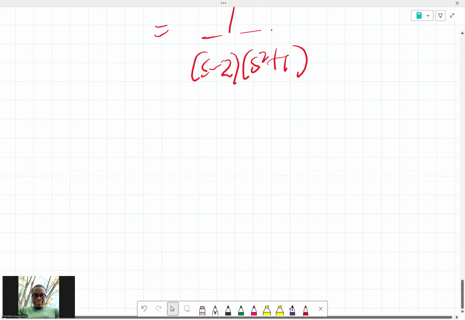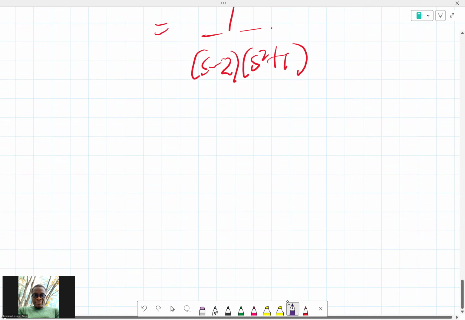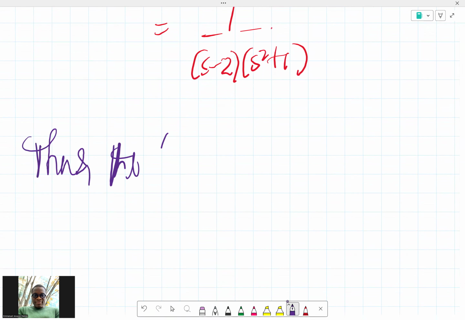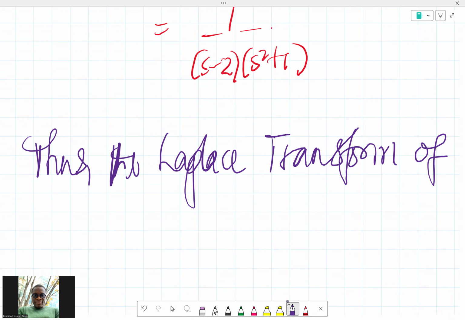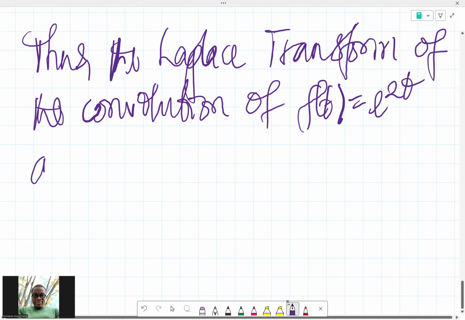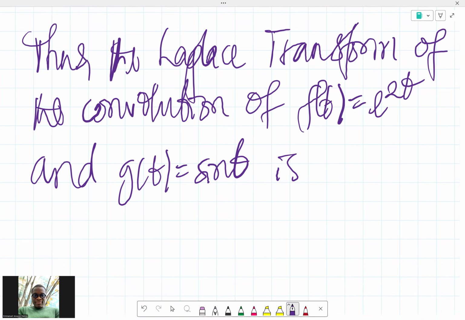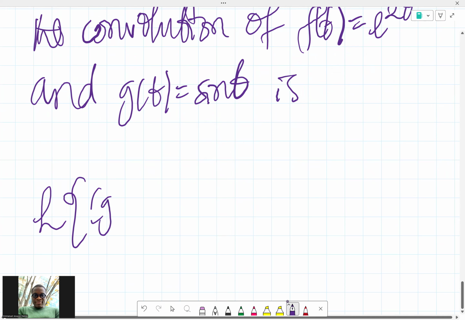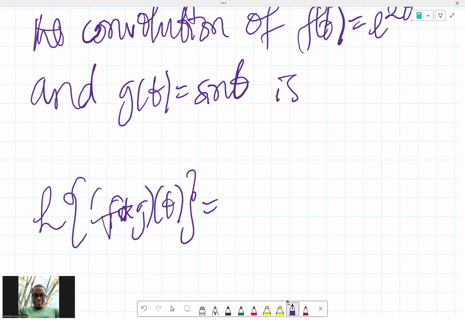We can then conclude that the Laplace transform of the convolution of f of t equals e raised to 2t and g of t equals sine t, the Laplace of f convoluted with g of t, is simply 1 over (s minus 2)(s squared plus 1).